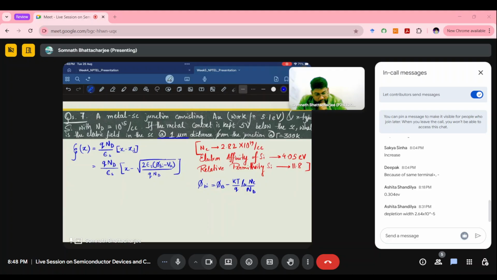From this, what we can get is the value of this, that is 5.1 volt for the gold work function, and this would be the electron affinity of silicon.